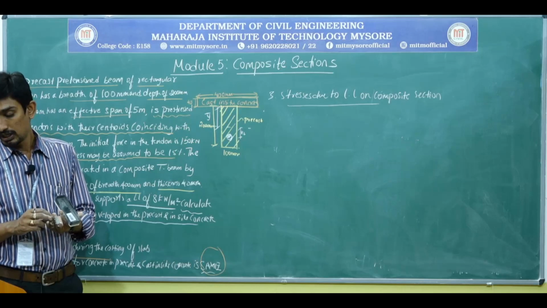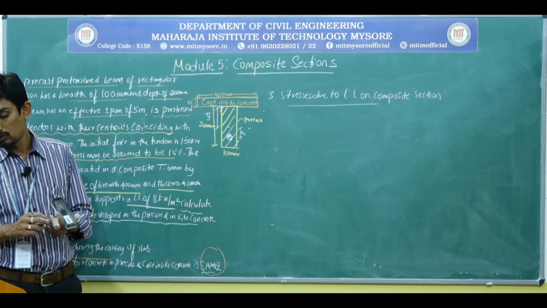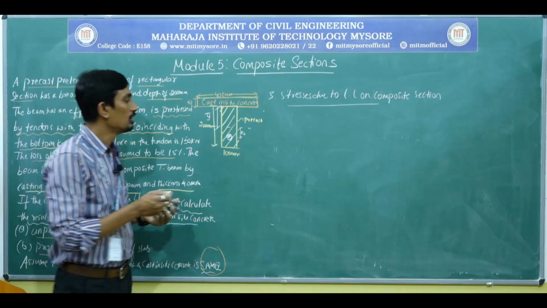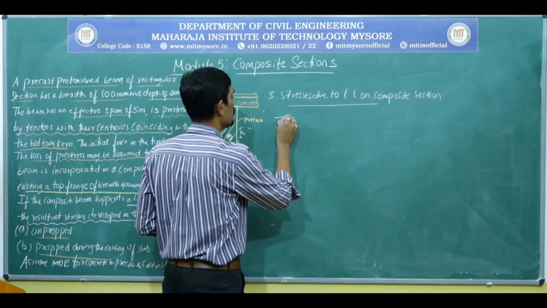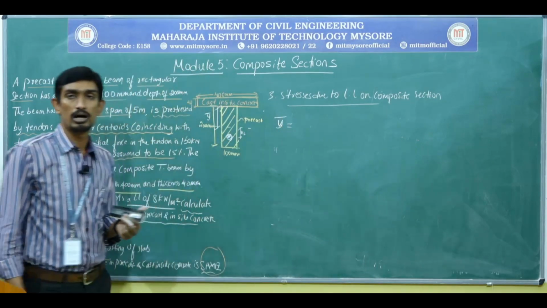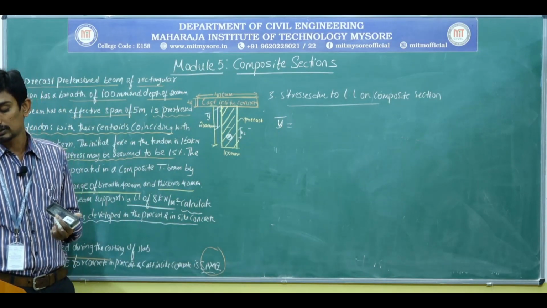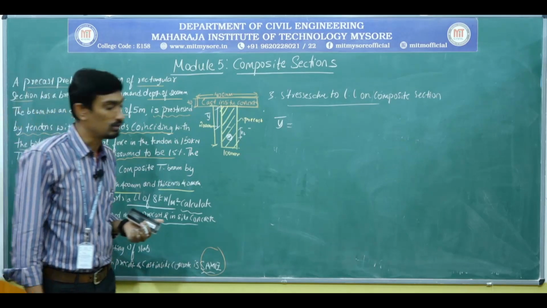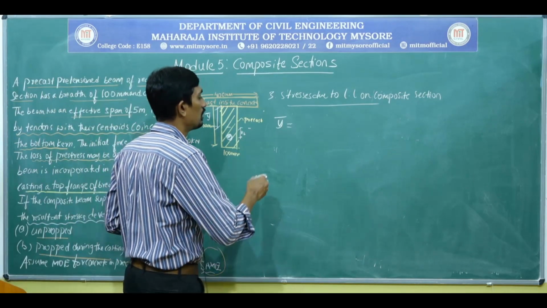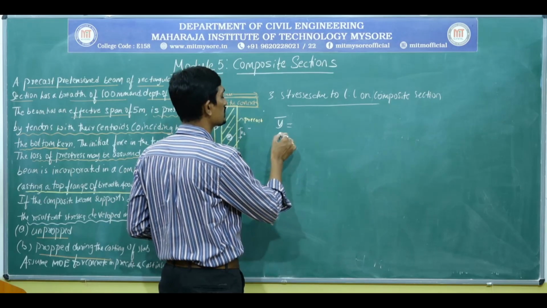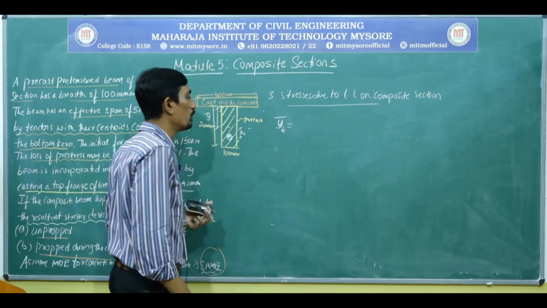Let me first go ahead with this Y bar, because you require a Y bar. Without calculating the centroidal axis, you will not come to the answer. So let me calculate the distance from the top, hence I will write Y top.